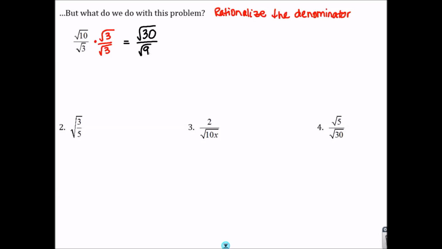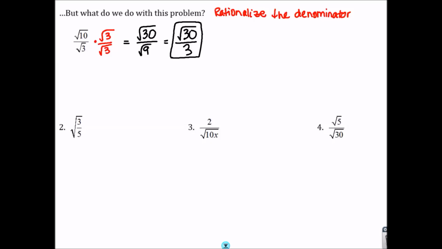Square root of 9 can be simplified to 3, so I just end up with square root of 30 over 3. Now we don't have a radical in the denominator, and we do not have a fraction or a decimal as the radicand. So let's try a few more examples.